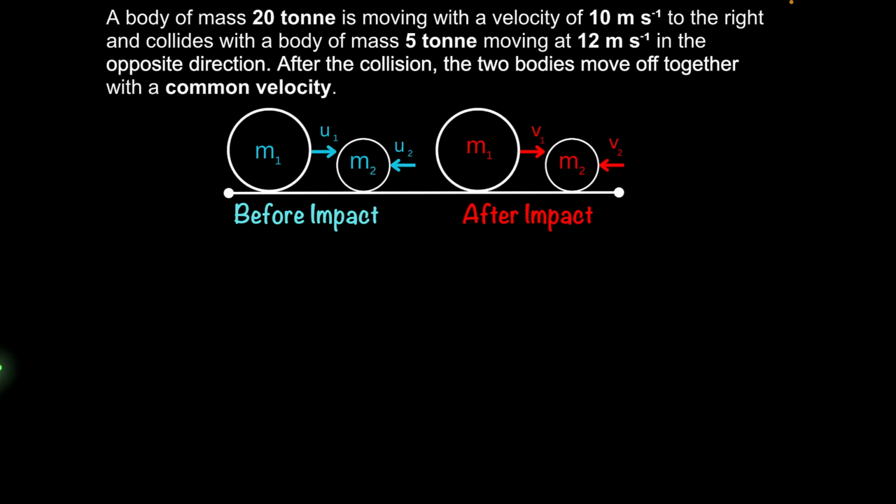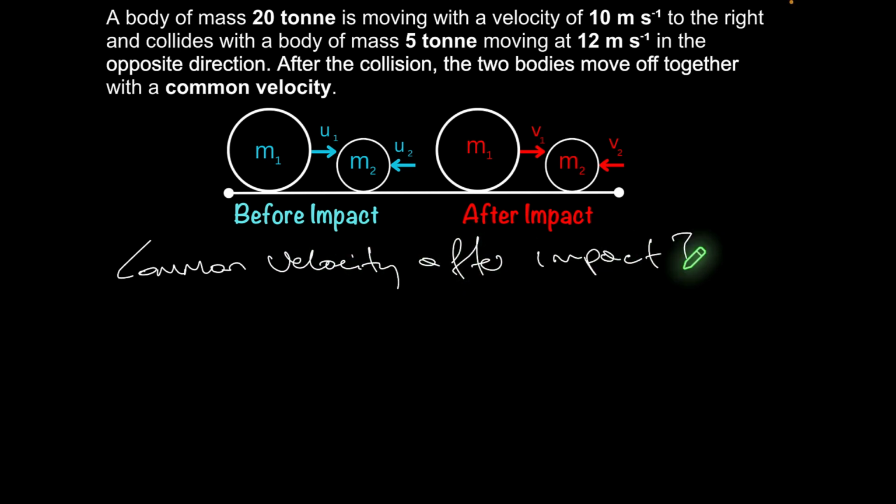Now it collides with a body of 5 tons moving at 12 meters per second in the opposite direction. Again, we will take to the right as positive and to the left as negative. What we're going to evaluate here is the common velocity after impact.